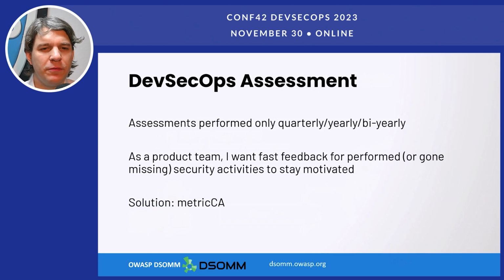I regularly perform assessments, and these assessments are performed quarterly, yearly, or bi-yearly. But as a product team, I want fast feedback for my performed security activities to stay motivated. So as a product team, I want to implement an activity and then get feedback.